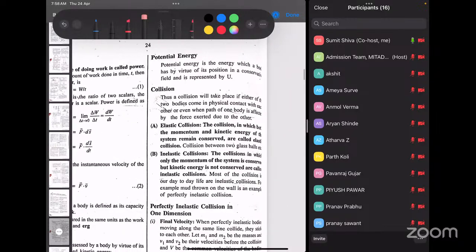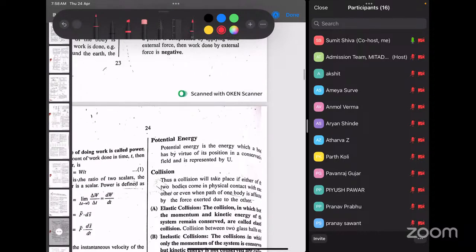Potential energy is the energy which any object or body possesses due to its position and configuration. It is represented by U, and in the simplest form, it is given as U equals mgh.